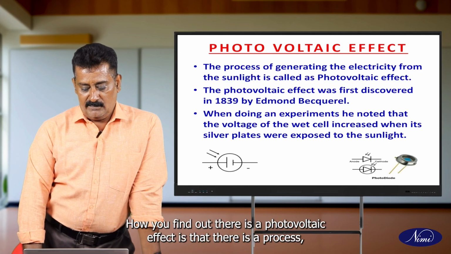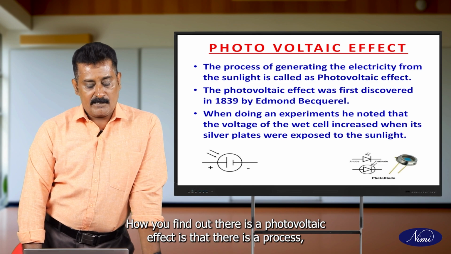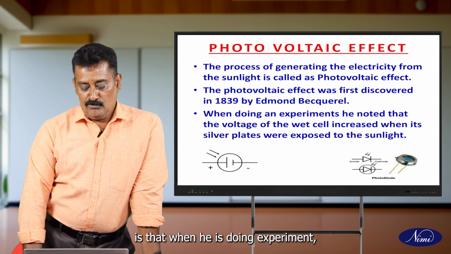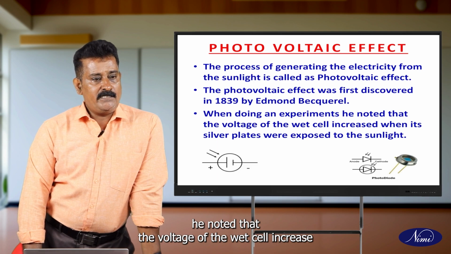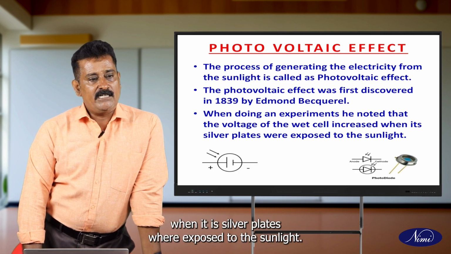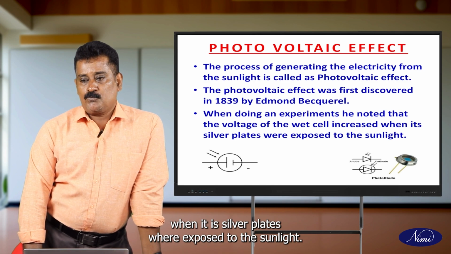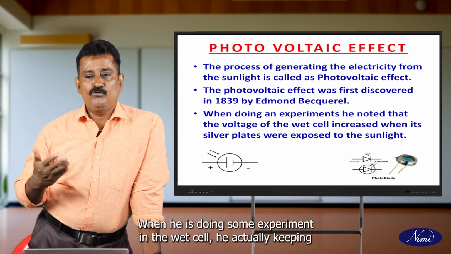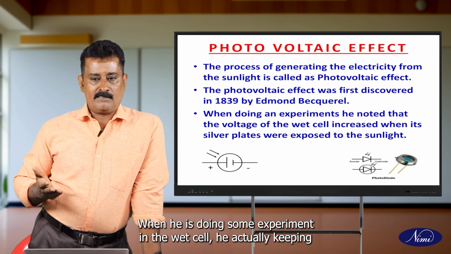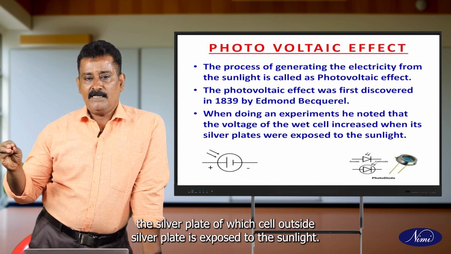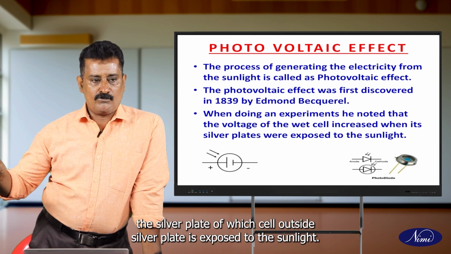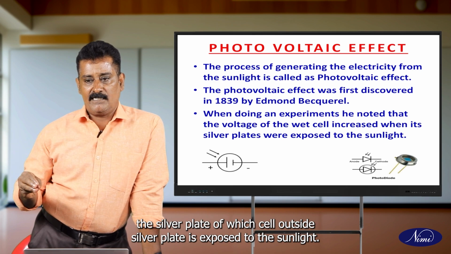How did he find out about the photovoltaic effect? When he was doing an experiment, he noted that the voltage of the wet cell increased when its silver plates were exposed to sunlight. While doing some experiments with the wet cell, he accidentally kept the silver plate of the wet cell outside, exposed to the sunlight.